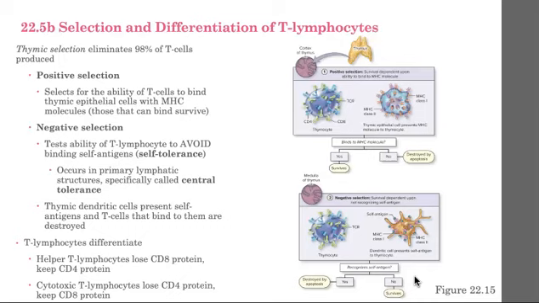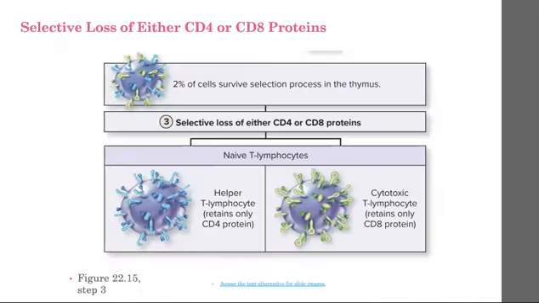And once we go through this entire process, we will gain central tolerance, meaning that we went through the selection process within our primary lymphatic structures. Our next step is to allow those T lymphocytes to differentiate. So our helper T cells will lose their CD8 protein and keep the CD4, and our cytotoxic T cells lose the CD4 protein but keep their CD8 protein.